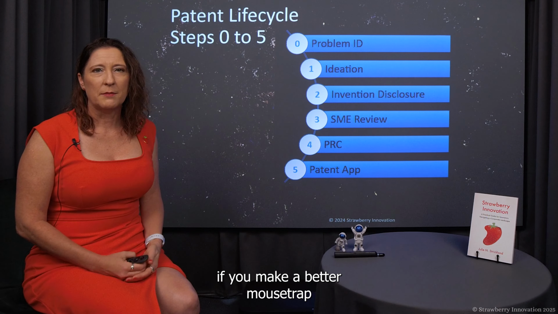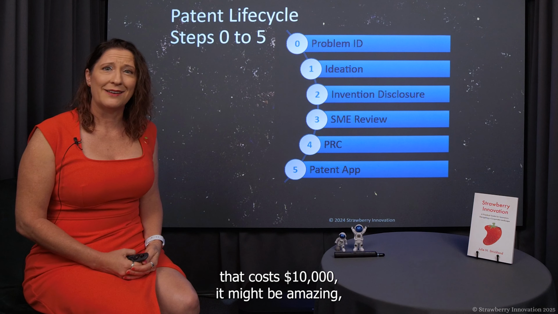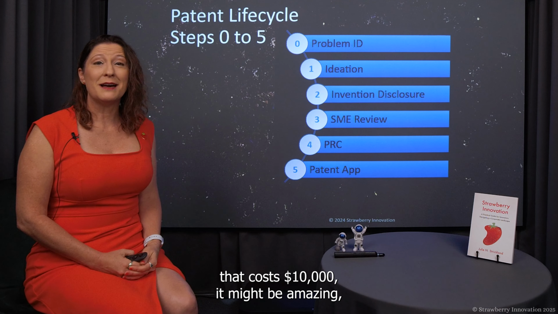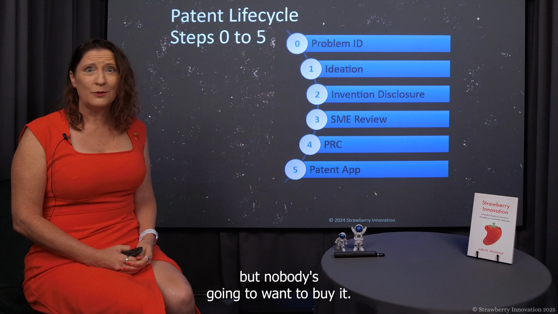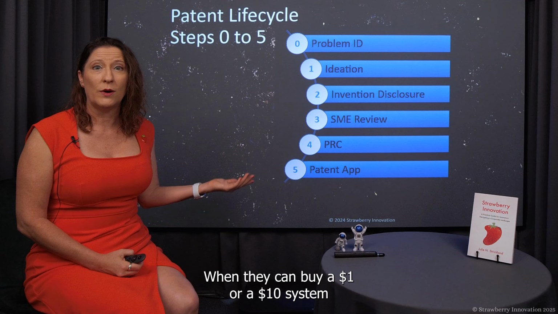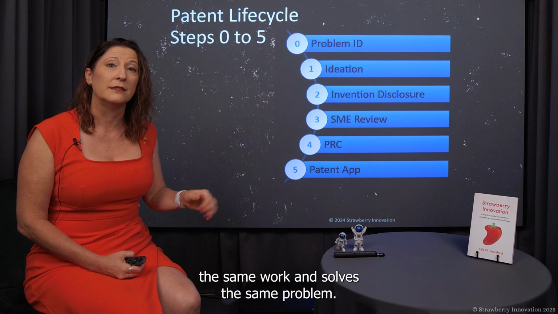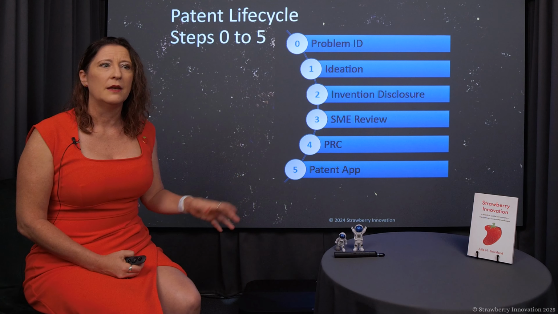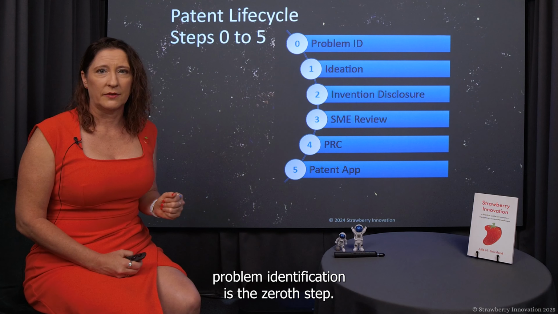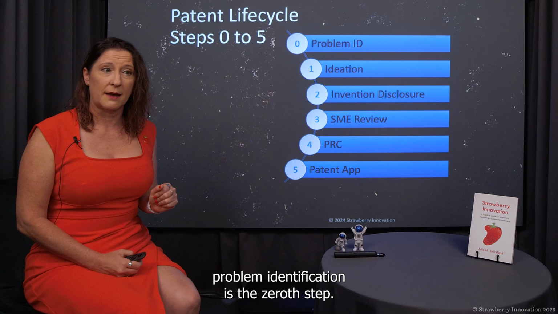For example, if you make a better mousetrap that costs $10,000, it might be amazing, but nobody's going to want to buy it when they can buy a $1 or a $10 system that performs the same work and solves the same problem. So that's why problem identification is the 0th step.